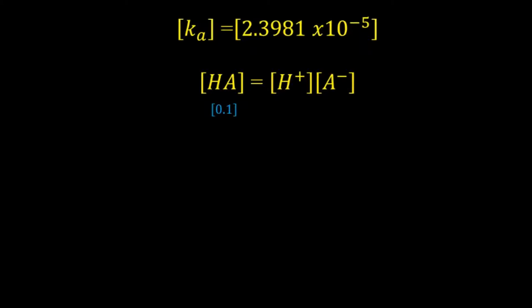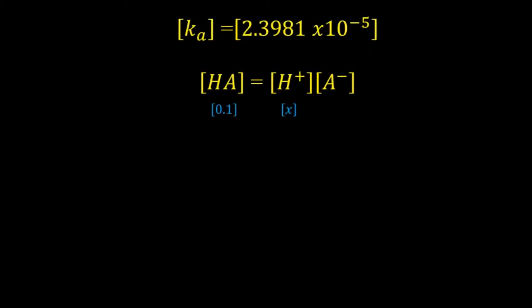For every one H plus produced, I'll have one A minus produced. So the value for H plus we're looking for will be the same as the value for A minus, and that will be X. So H plus is X, and A minus is also X.